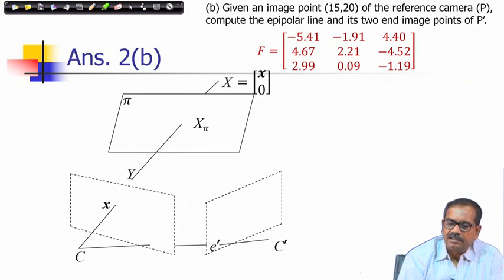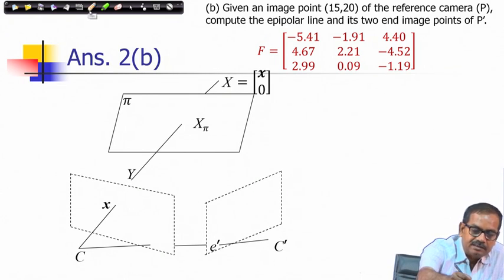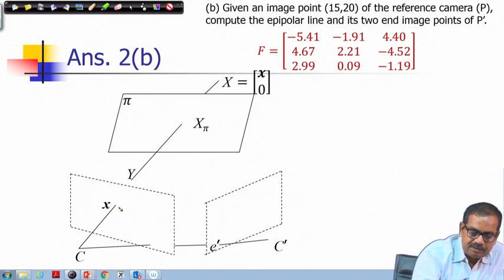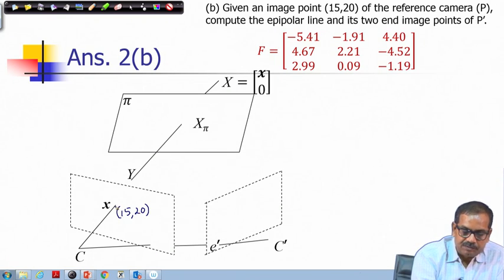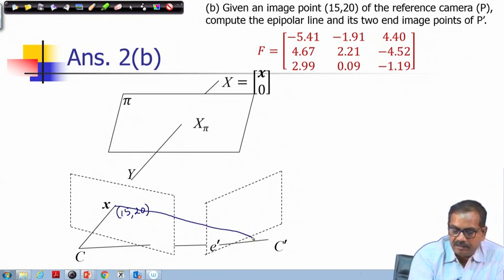So, the next problem is that if I give you an image point, say (15, 20), in the reference camera, then I need to compute the epipolar line. If I join this, I need to compute this line.